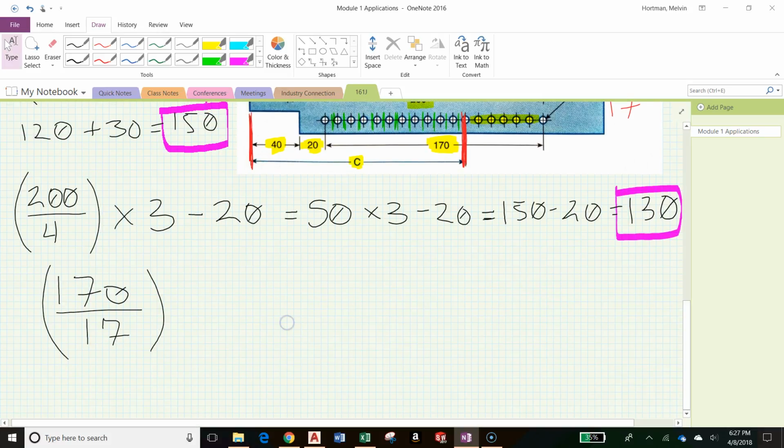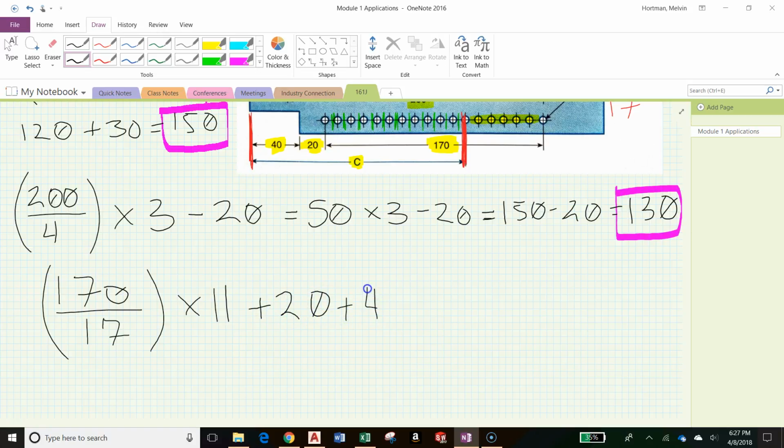Great. So times 11, and then plus 20 plus 40. And 170 divided by 17 is 10, of course. So we have 10 times 11 plus 20 plus 40.